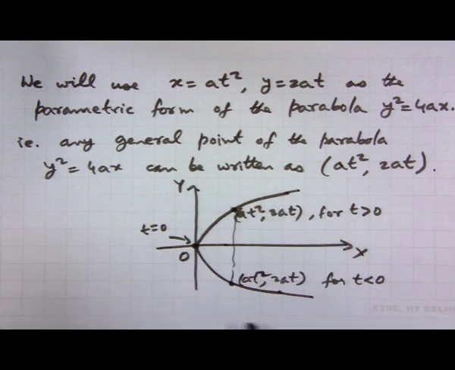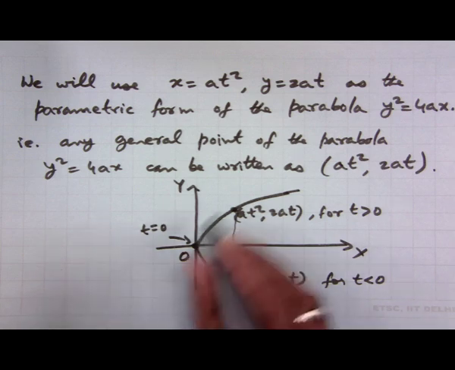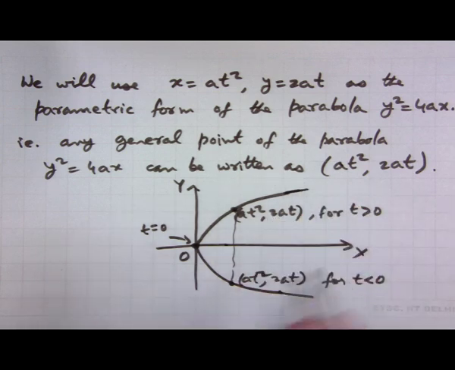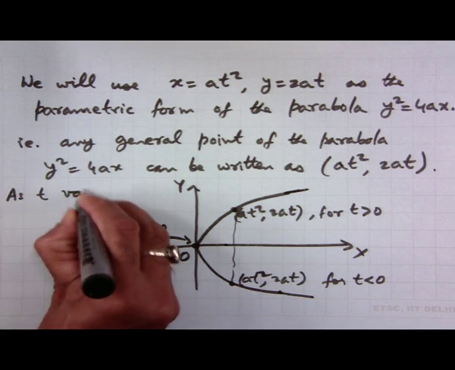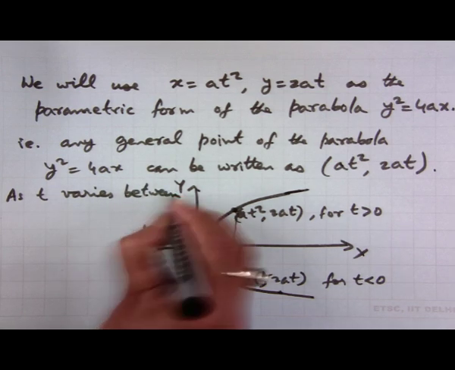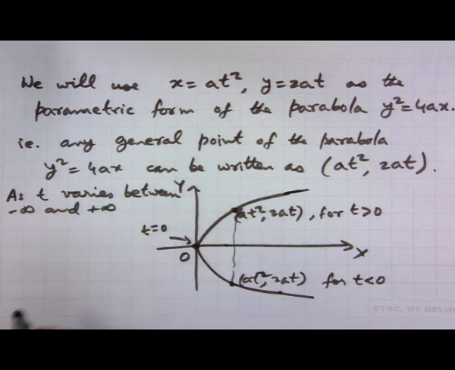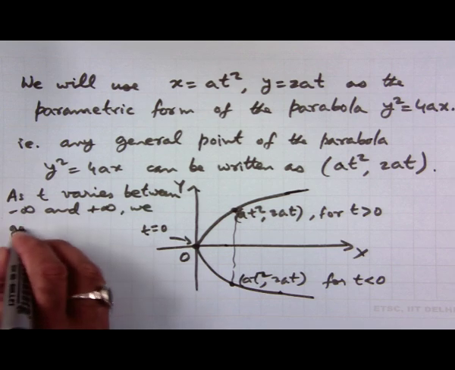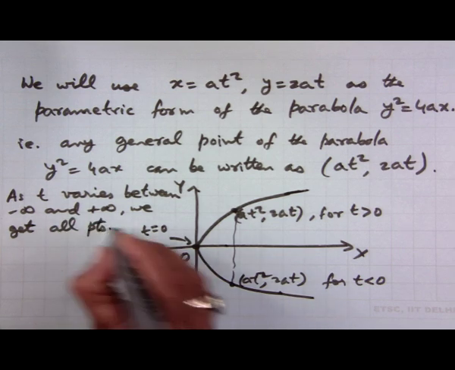As you take t varying from minus infinity to infinity, you get a point on the parabola, and for every t you get only one point. So as t varies between minus infinity and plus infinity, we get all points on the parabola.